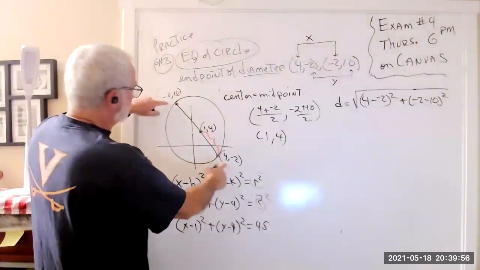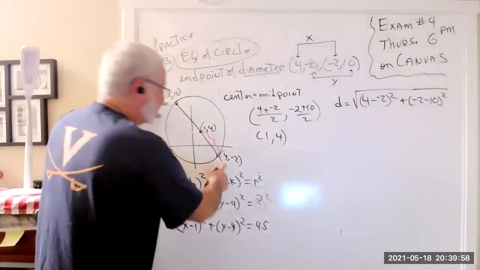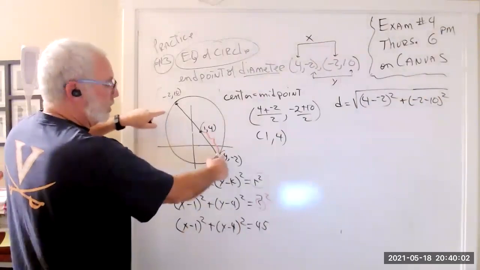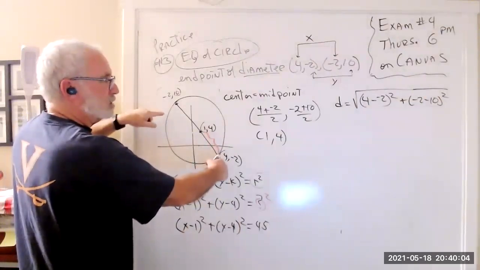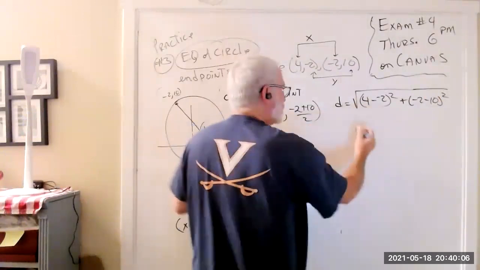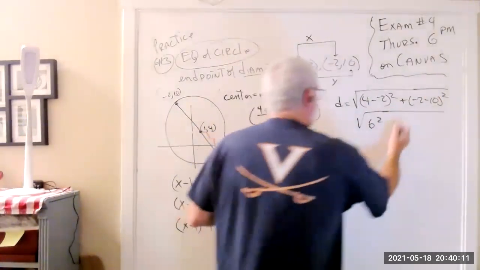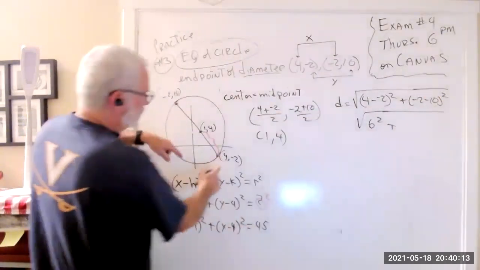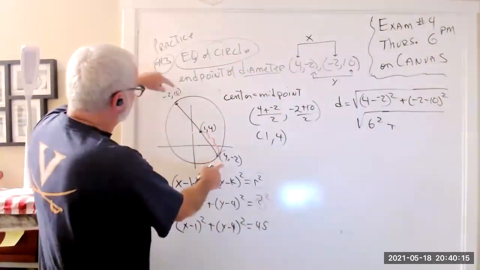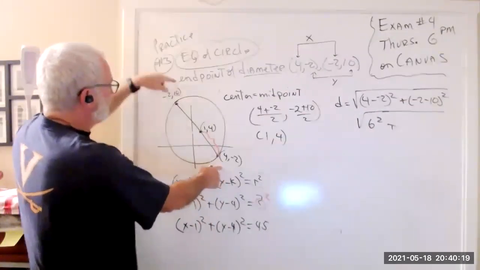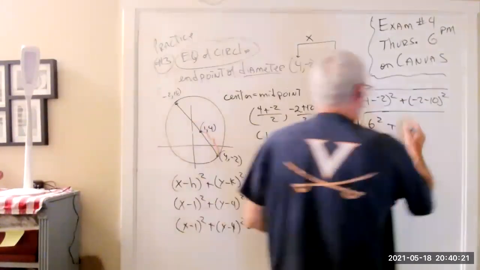Or just think about it: what's the distance from negative 2 to 4? 6. So this would be 6 squared, plus, what's the distance from negative 2 to 10? From negative 2 up to 10 is 12. So plus 12 squared.